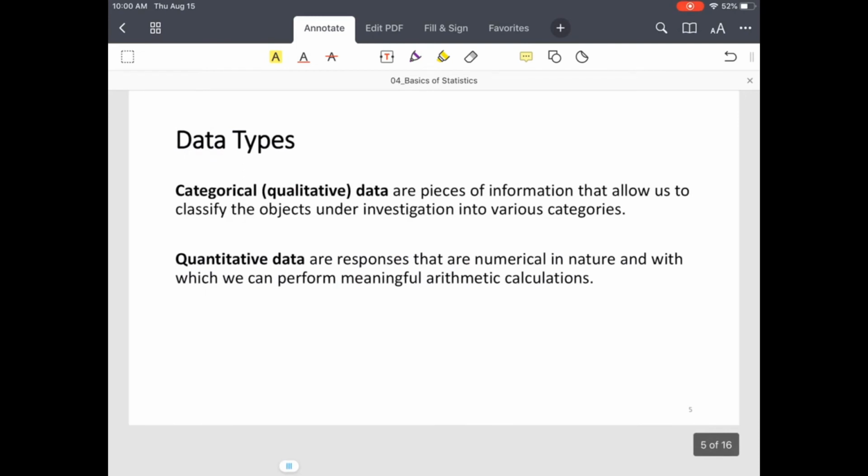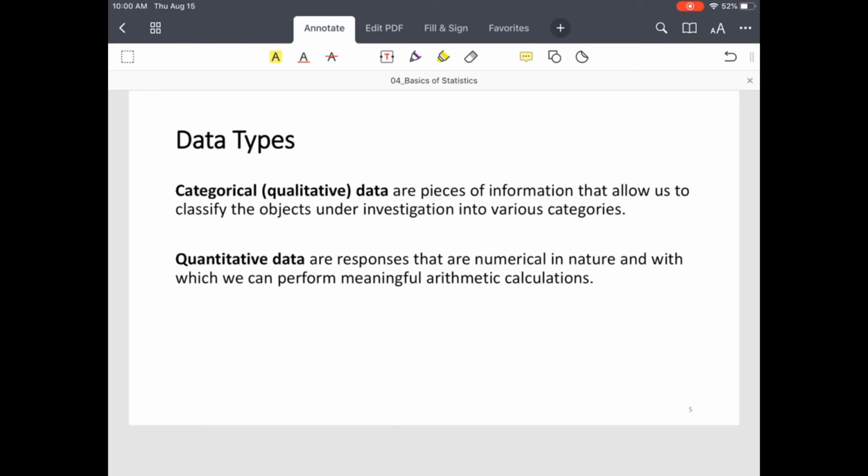All right, so then you've got different types of data. Now you've got 2 data types. You've got categorical or qualitative. And these simply are words or numbers that describe an object. So it's descriptive. That's probably a better way to say it, that categorical or qualitative data, they describe.